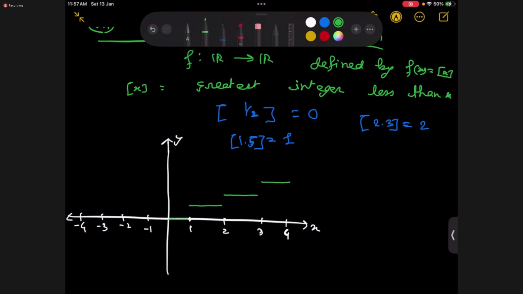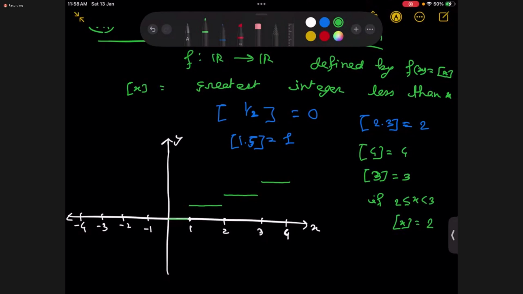So note that box 4 equals 4, box 3 equals 3, and for x less than 3 and greater than or equal to 2, box x equals 2, right? And that's what we are doing here. We are not including it. So you can see in the book they use this kind of hole.